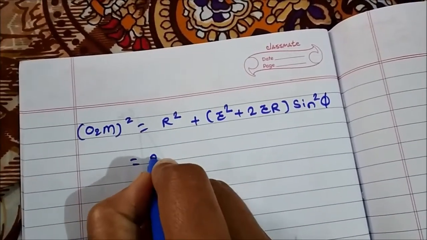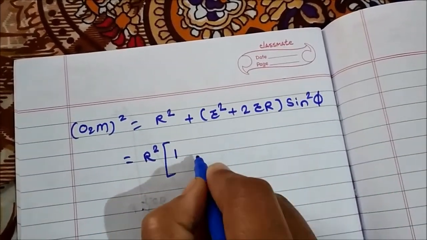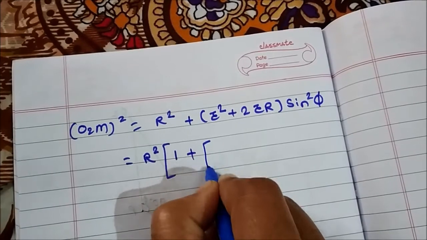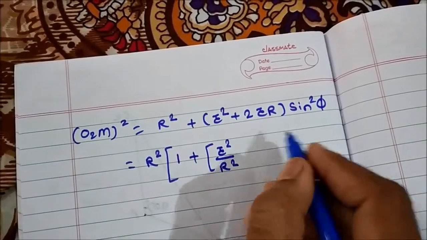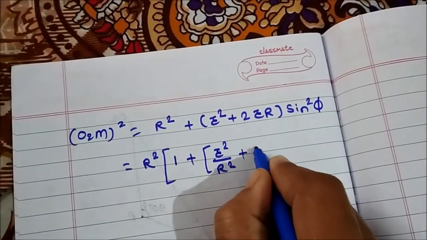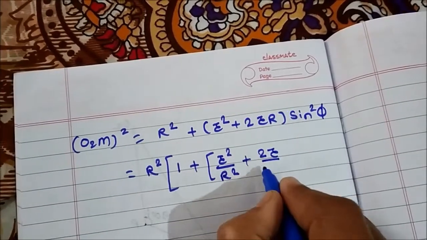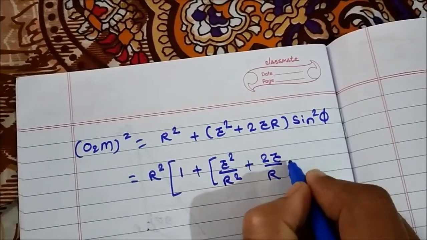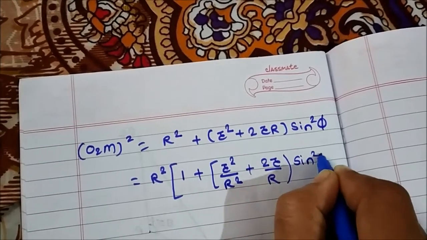So capital R square into bracket, 1 plus r square divided by R square, because we are taking R square common, plus 2 small r, one capital R gets cancelled, so the remaining is only 1, into sine square phi.